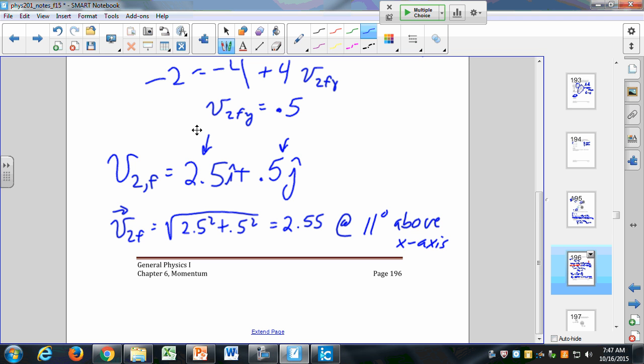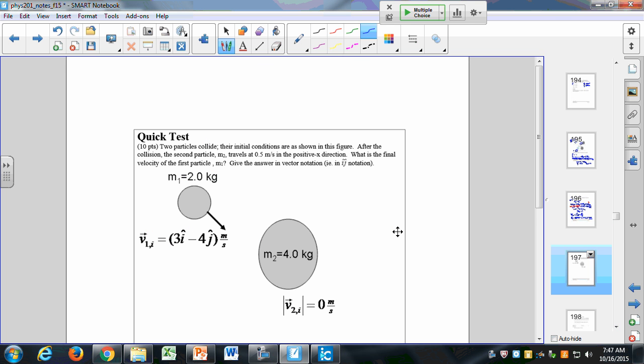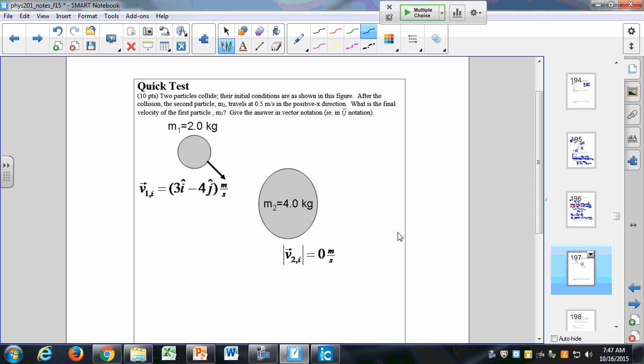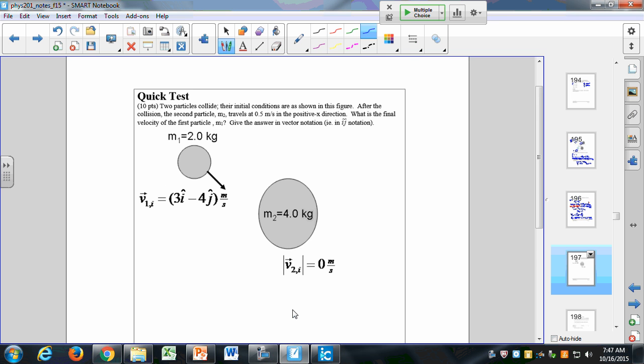I think I have another problem for you to try on your own. I'll try to give you easy numbers so you're not bogged down in the numbers. Here I have two particles. Initially, one of them is at rest, the other one is moving.